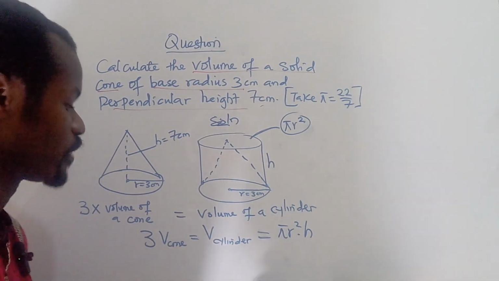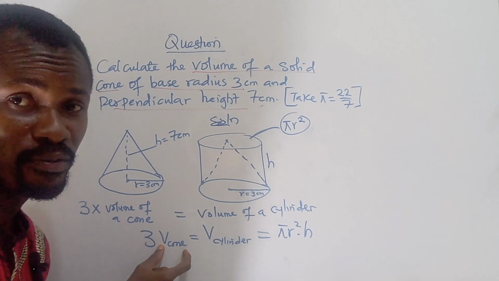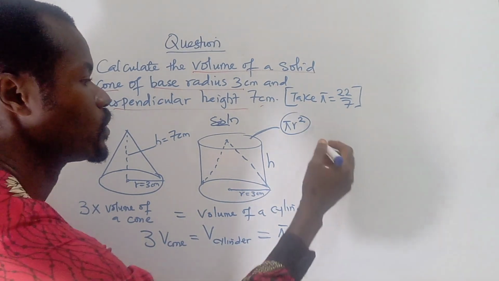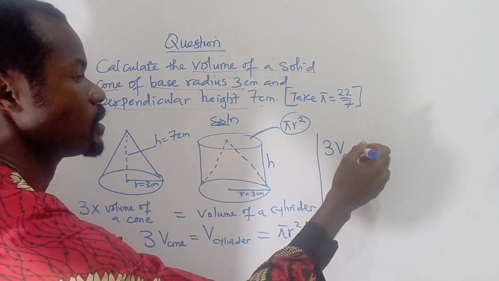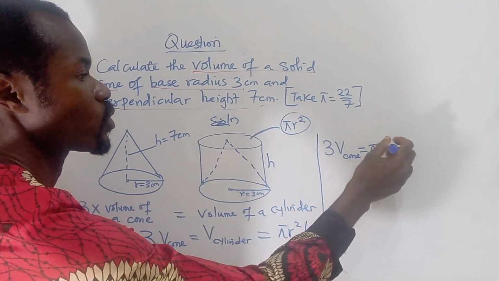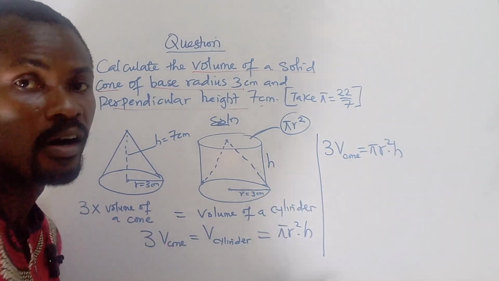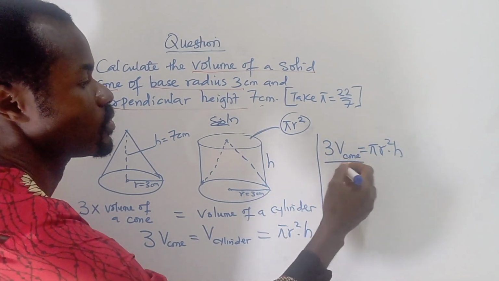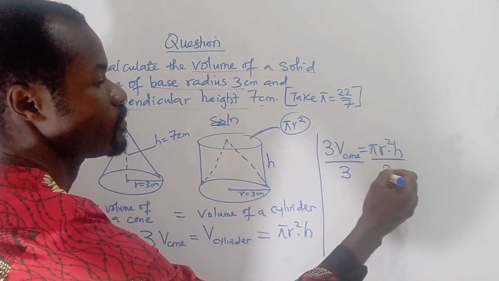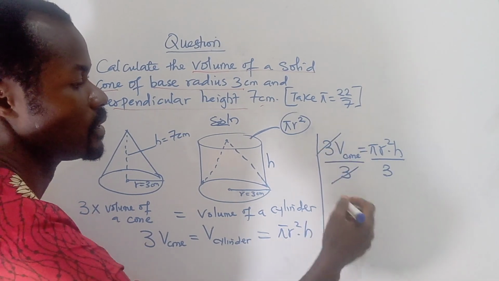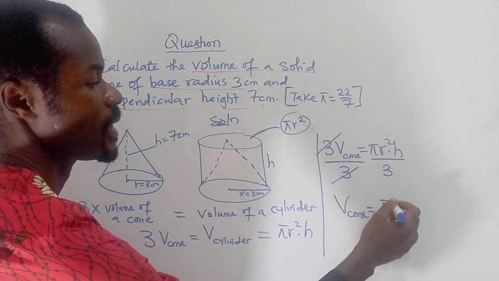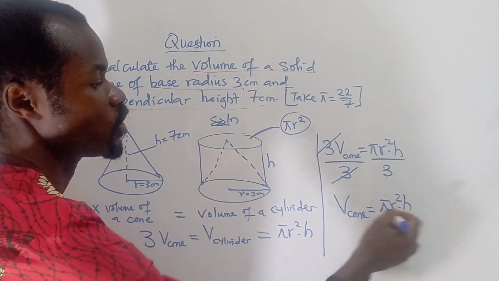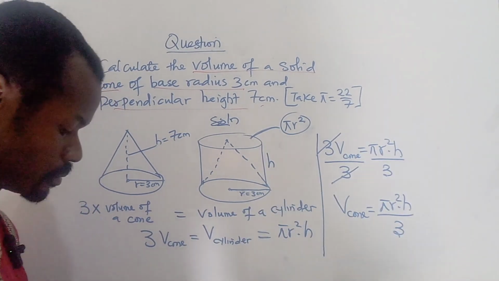All right, so with this expression, we can now develop the formula for the volume of the cone. So remember, we have 3 times the volume of a cone is equal to pi r squared times h. All right. So all we need to do is divide by 3, and I'm also going to divide this side by 3, so this will cancel out this. So the volume of a cone is pi r squared multiplied by h divided by 3.